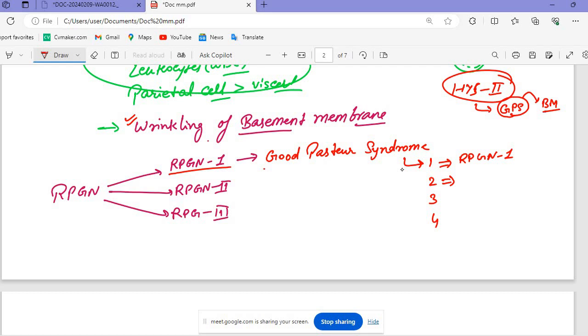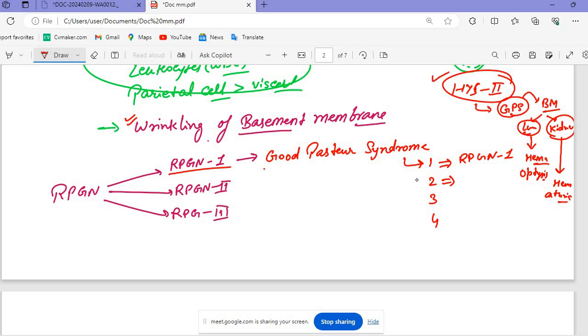We talk about the basement membrane of the lungs and of the kidney. If the basement membrane of the lungs is affected, that leads to hemoptysis, blood in the sputum. But when we talk about the kidney, it leads to hematuria, blood in urine. I hope you remember this.